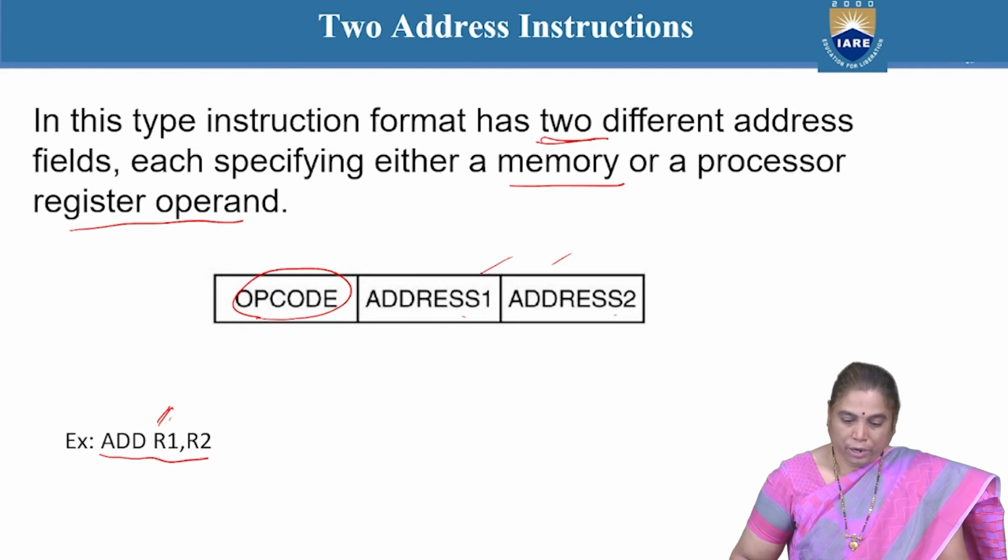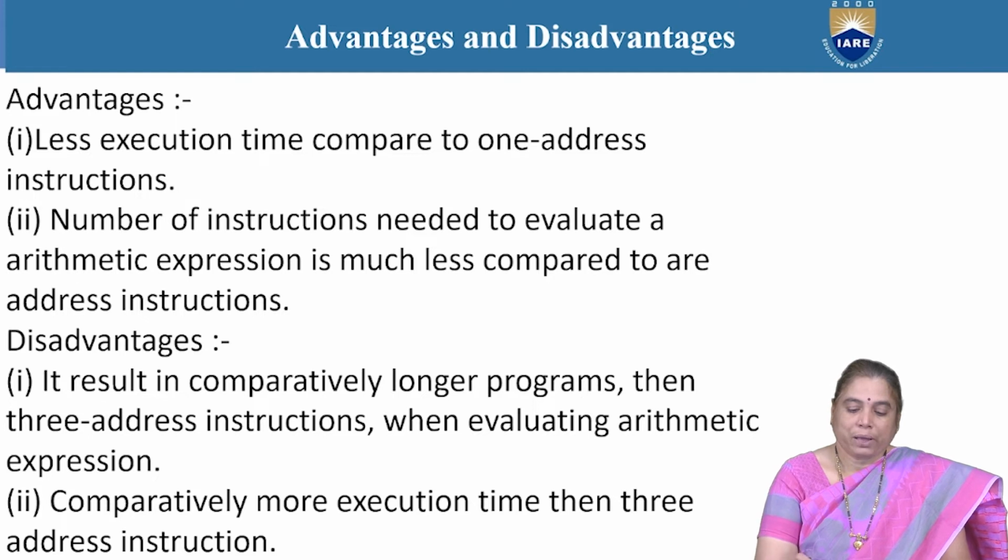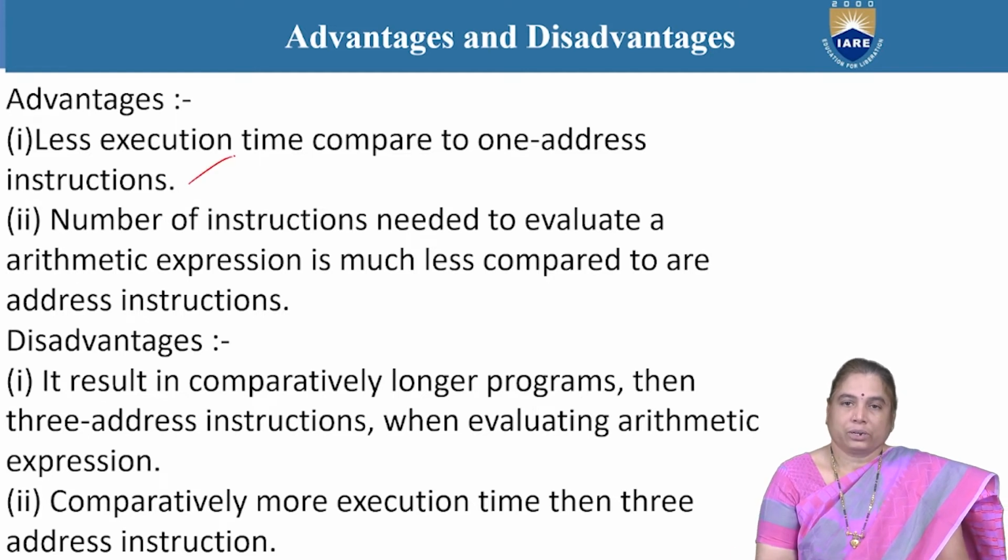Now we have to look into the advantages and disadvantages of two address instruction formats. The advantage is less execution time compared to one address instructions. So the fetching of operands can be minimized here.